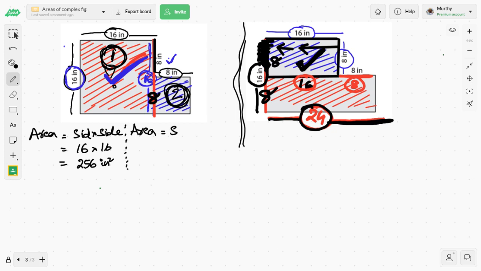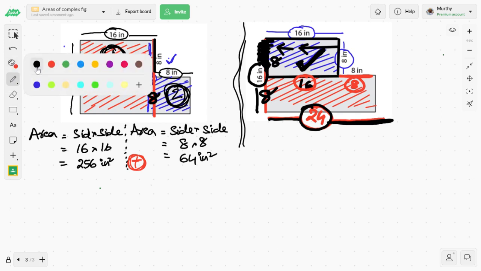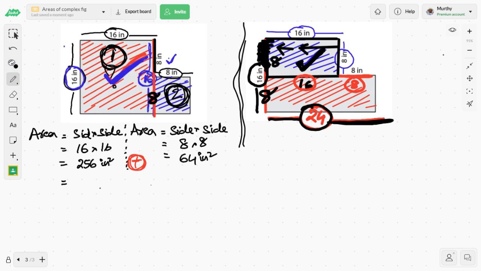Area equals side times side, length times width, it's one and the same, which is 8 times 8, that gives me 64 square inches. Now when you add these two values, that gives you the total area of the complex figure, 256 plus 64, 320 square inches.